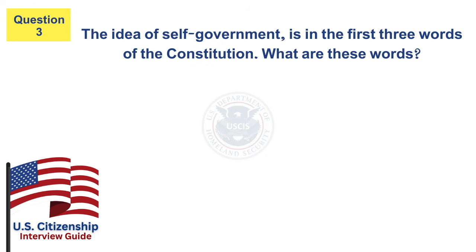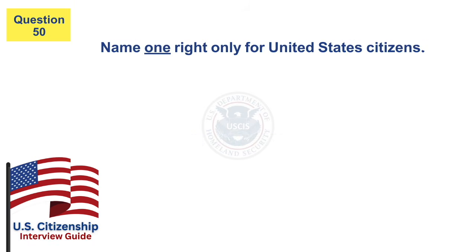The idea of self-government is in the first 3 words of the Constitution. What are these words? We the people. Name one right, only for United States citizens.